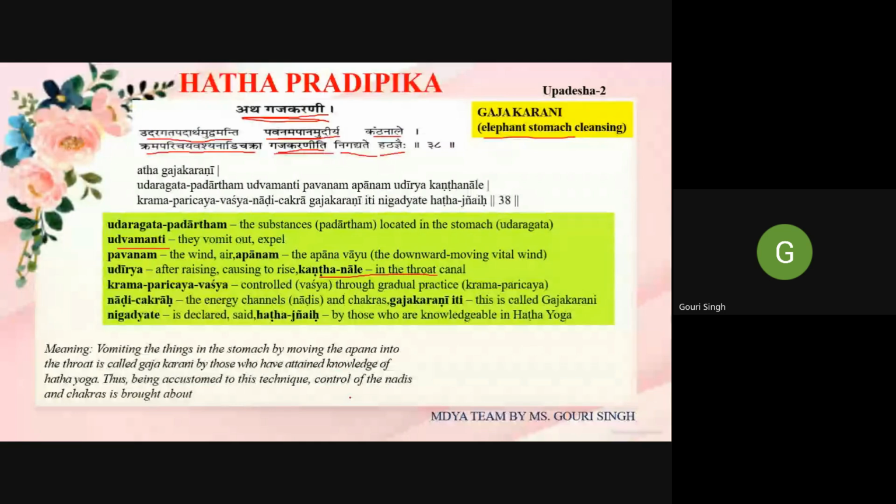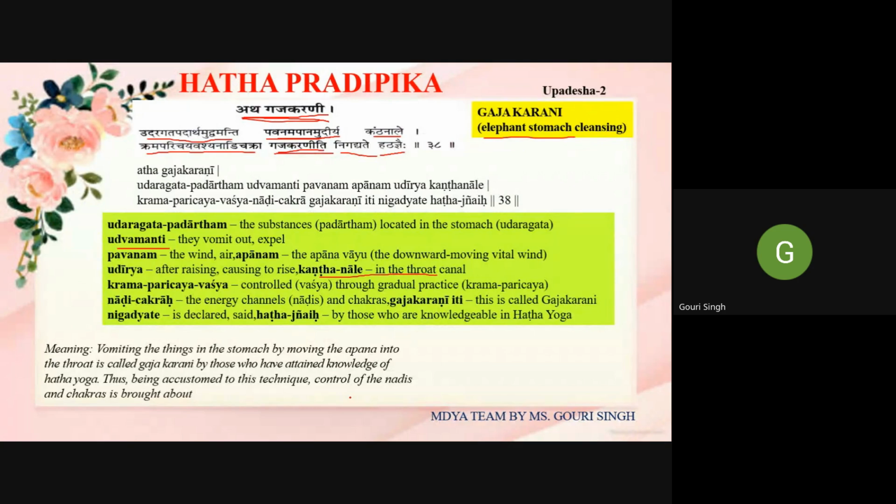What you have taken as food, what is present in your stomach area, by contraction or moving of your stomach, you have to first flow your apana vayu in the upward direction, and vomit all the things present in the stomach.